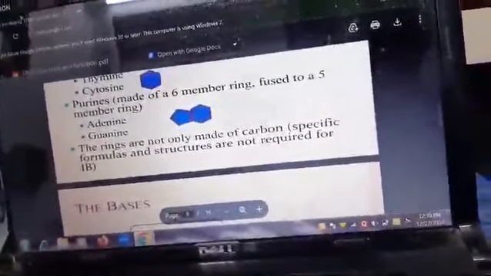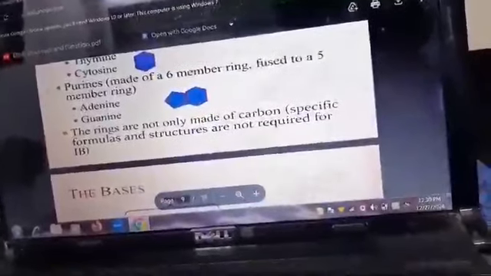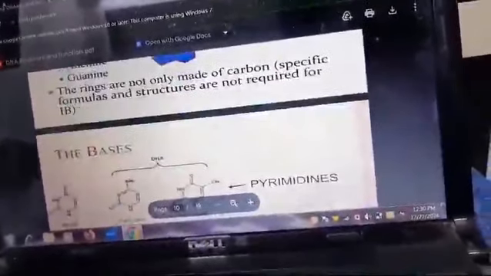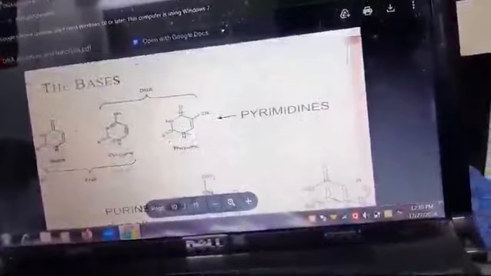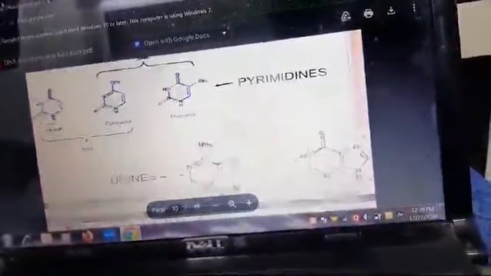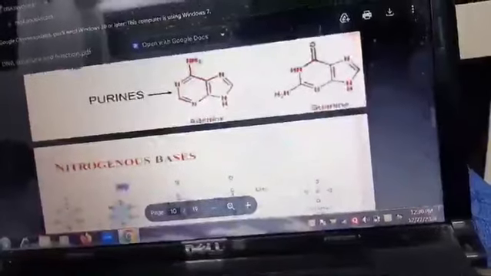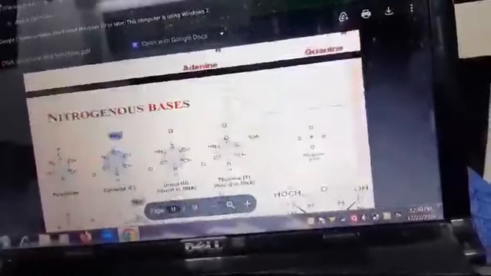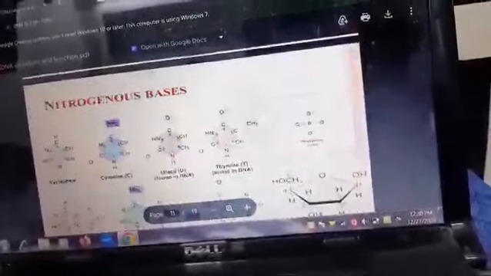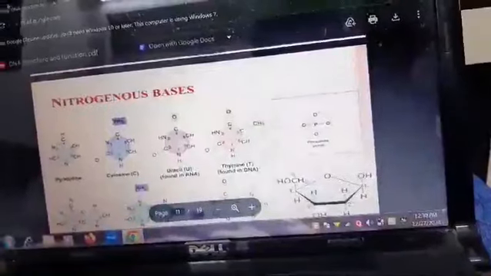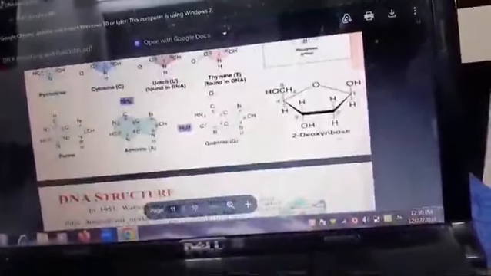Specific formulas and structures are not required for this course. This is the pyrimidine structure, this is the purine structure. These are the nitrogenous bases: pyrimidines, cytosine, uracil found in RNA, thymine found in DNA; purines, adenine and guanine.